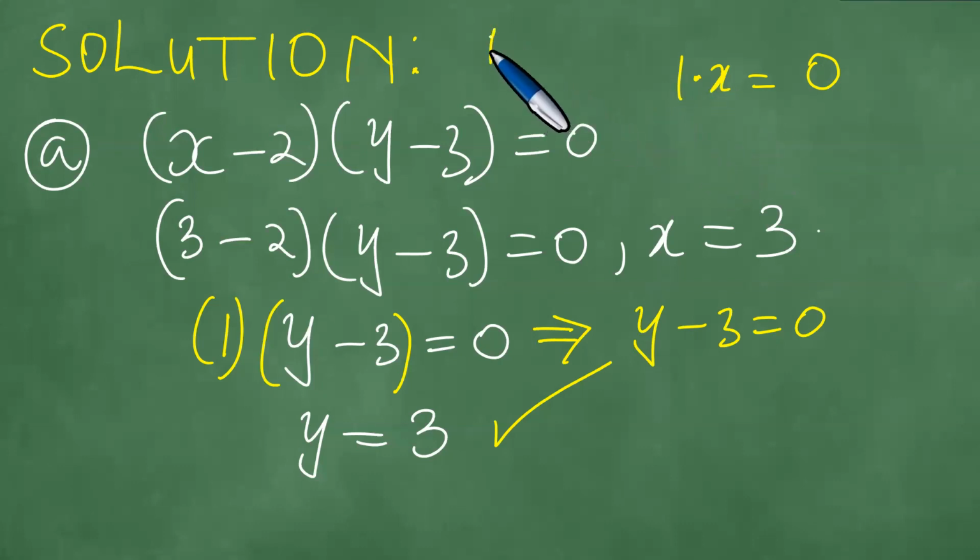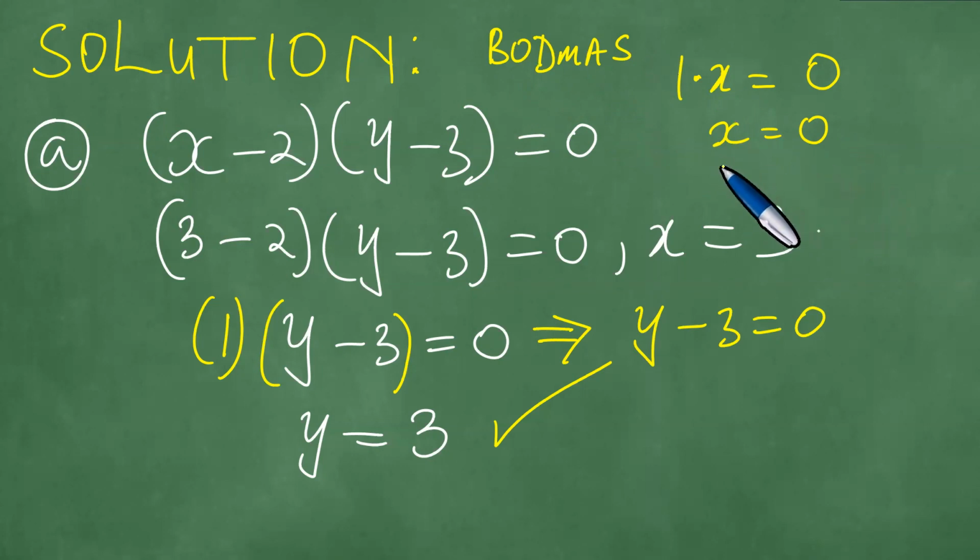Why? Because we need to use BODMAS. So BODMAS rule says 1 times x. So what is 1 times x? It's x. And after you got x, then it means x equals 0. Then there's nothing else to do because we already got the value of x and we got that x equals 0. Do you see that?